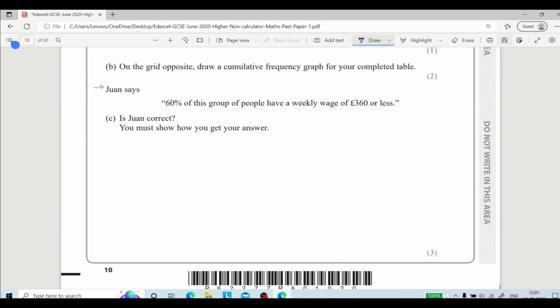So now, because it's given 60%, let's try and find this out. Using the graph, for 360 pounds, you're getting cumulative frequency equal to how much? 40.